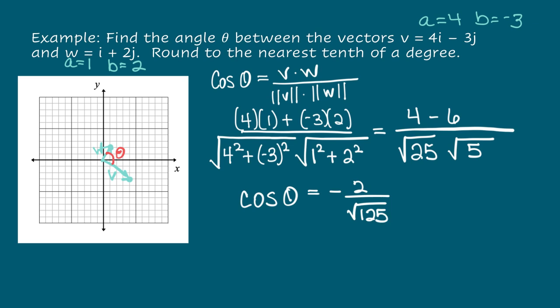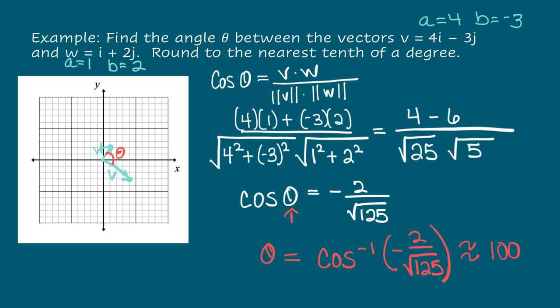But I need theta, so I'm going to take the inverse cosine. So theta is equal to inverse cosine of -2 over square root 125. When we put that in our calculator and we round, we should get approximately 100.3 degrees.